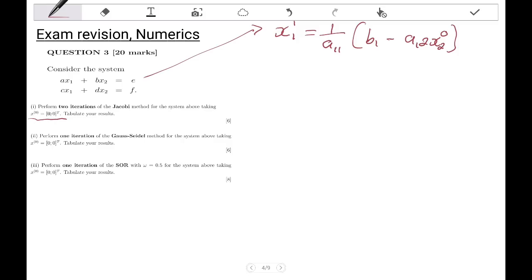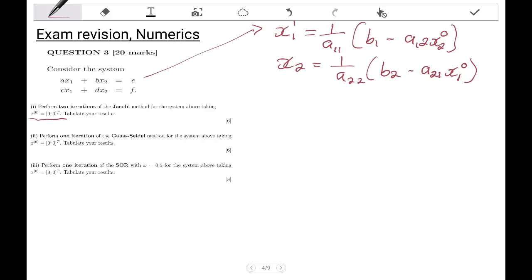That means x1 is 0 and also x2 is 0. Then the x2 algorithm is going to be 1 over a2 open bracket b2 minus a of 2 1 x1 initial. So in a Jacobi method, you are substituting with the initial values that you are given. You are going to see the difference when you go to the Gaussian.